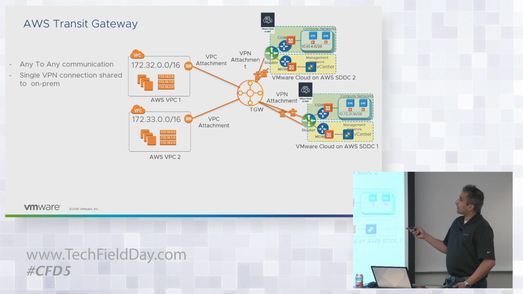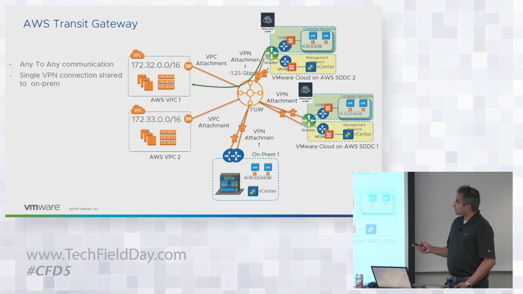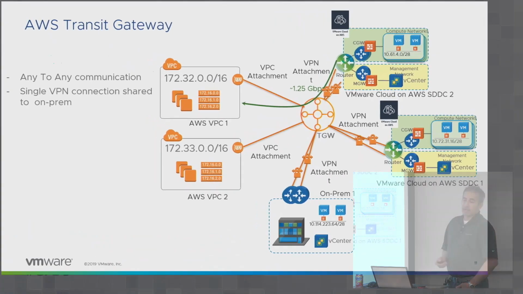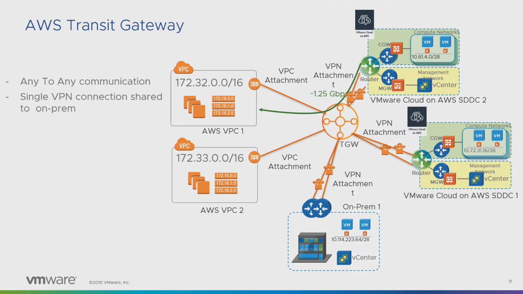On the AWS side, you're using the VPN attachment, which means this router is creating a VPN tunnel to the Transit Gateway. The Transit Gateway sits at the regional level, so you're creating a VPN from the tier 0 router of the SDDC to the regional construct, the Transit Gateway.